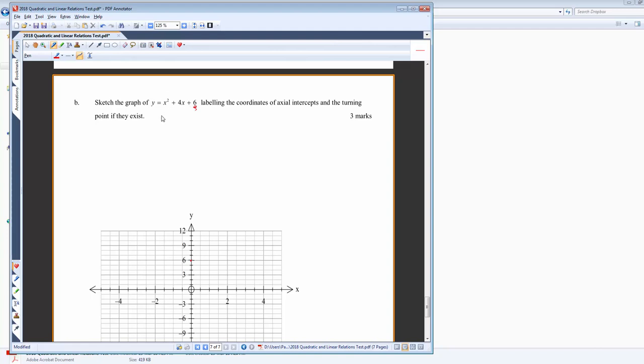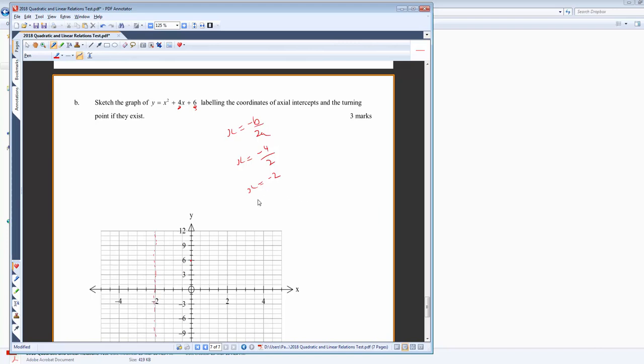So in this case, I'm just going to find out the turning point using the rule x equals negative b on 2a. So here's my b value here, so it's x equals negative 4 over 2a, which is 2, x equals negative 2. So it is going to turn somewhere along this line here.